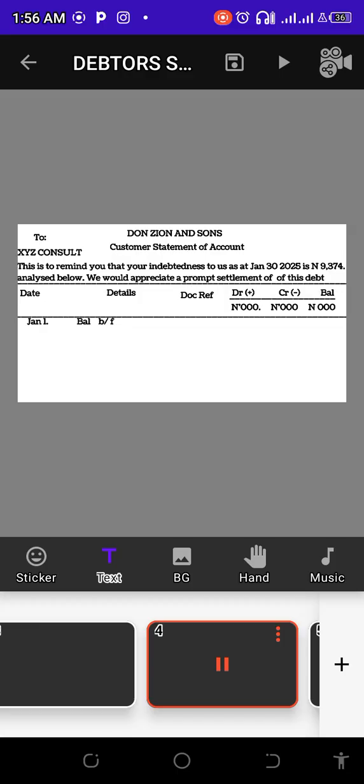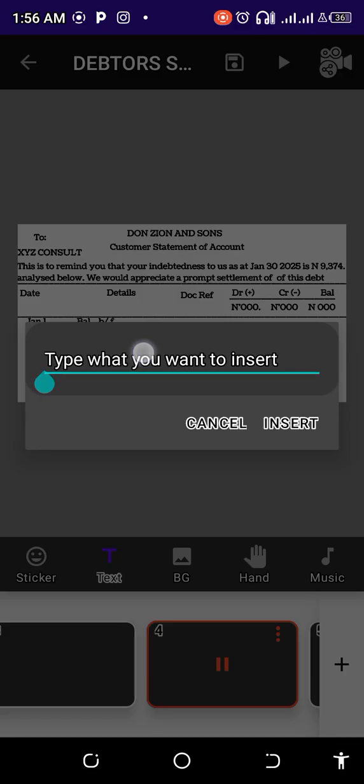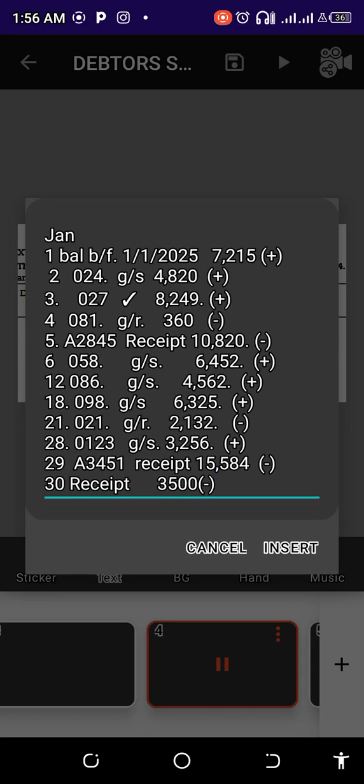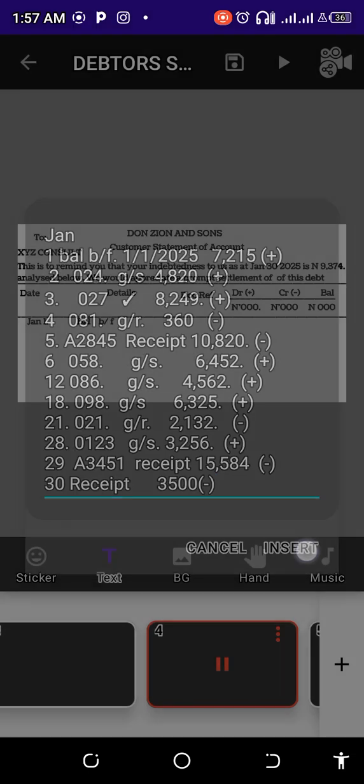Now, by January, the amount that XYZ is owing Don Zion and Son is what we have in this place. That is something we have it at the amount that is 1 January brought forward is 7,250, and this balance is to be by the debit side or a debit balance.